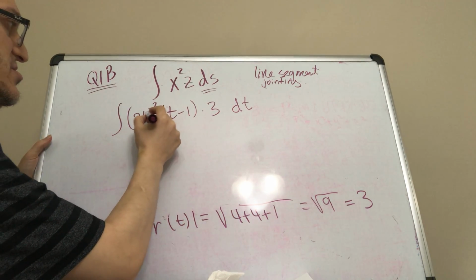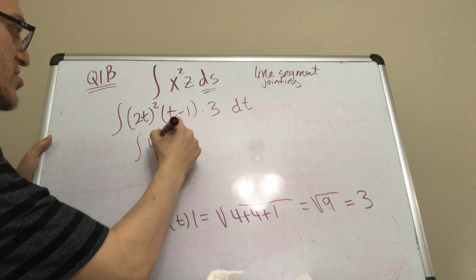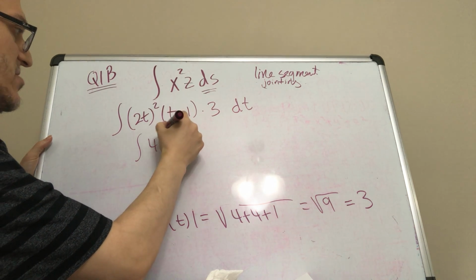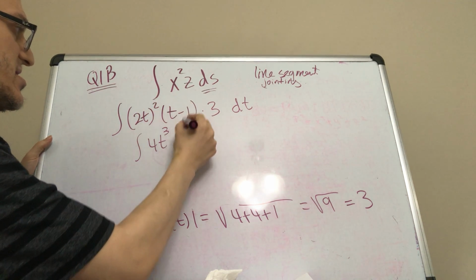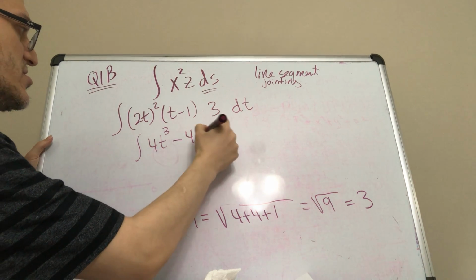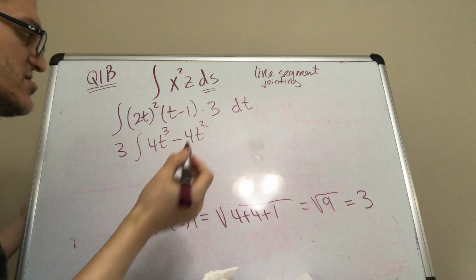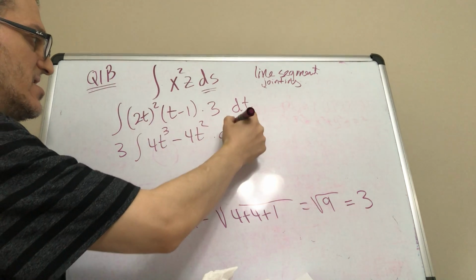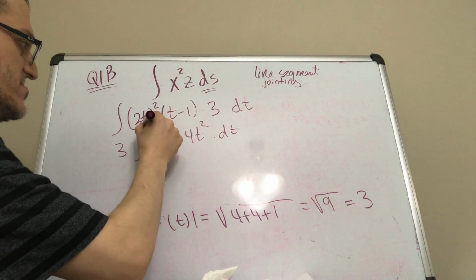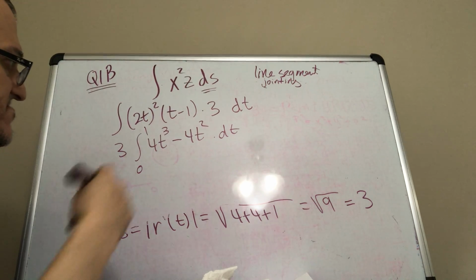This is 4t squared times t, 4t to the power 3, and this would be negative 4t squared. And the 3 is constant, you can put it outside. And this integral from 0 to 1.